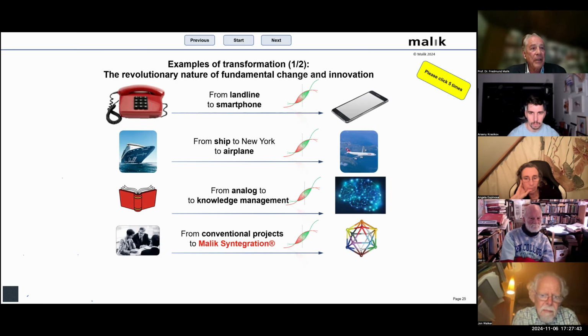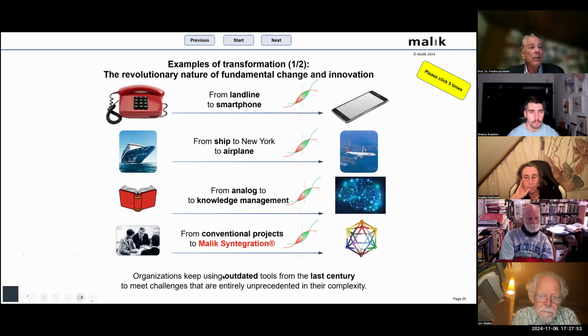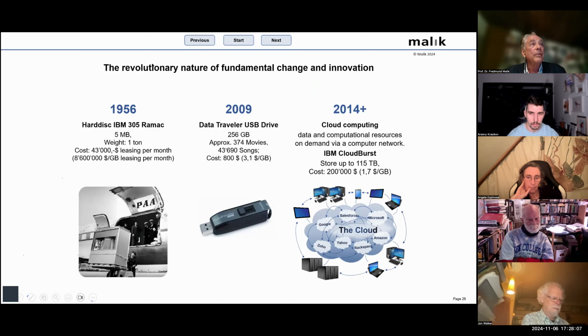Stafford gave me the rights, and therefore my name is on it for disintegration, because it is his invention. Organizations keep using outdated tools from the last century to meet challenges that are entirely unprecedented in their complexity. So, the revolutionary nature of fundamental change and innovation.